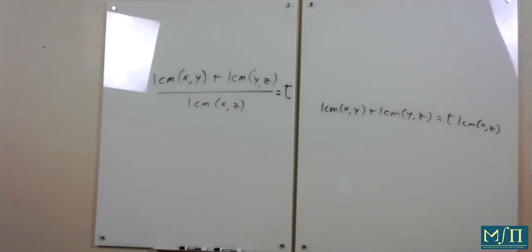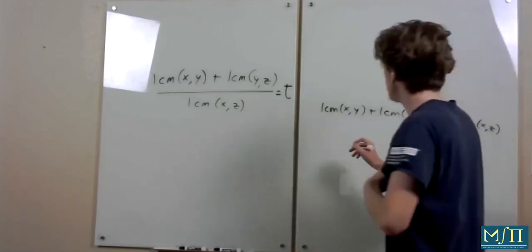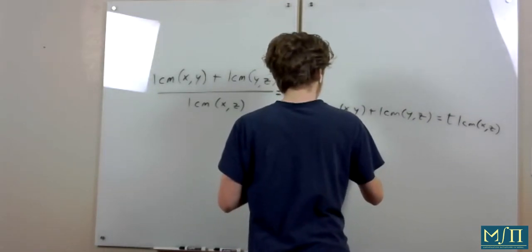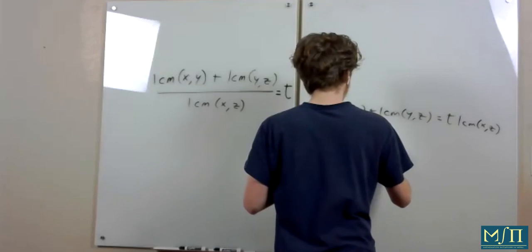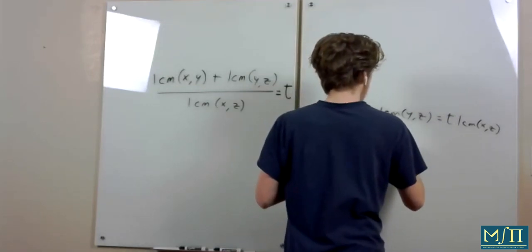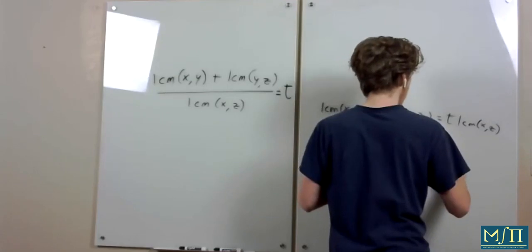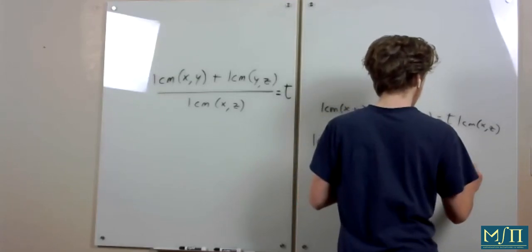So let's rewrite this in this form: LCM xy plus LCM yz plus negative t times LCM of x and z is 0.